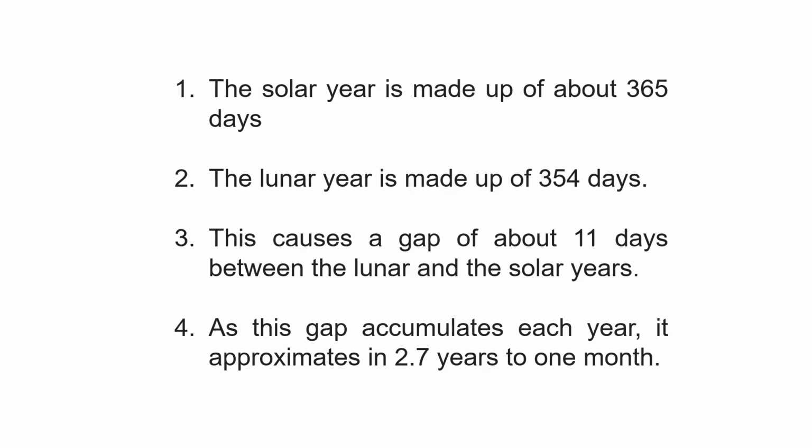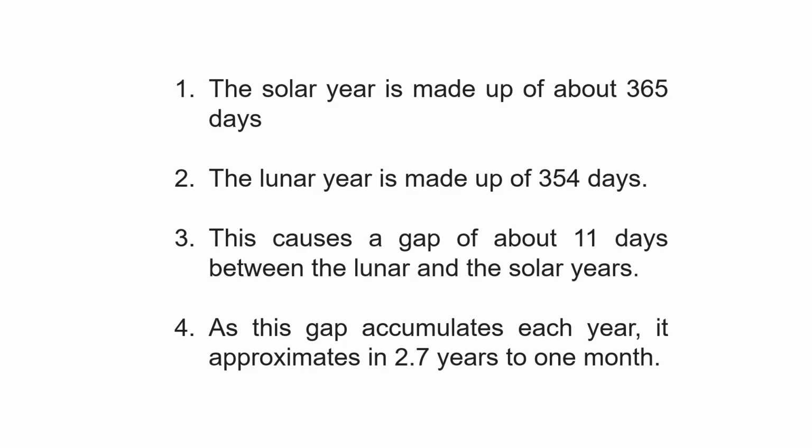And every year, there is a gap of 11 days. So in 2 years, there will be a gap of 22 days. And then 2 point something, that something refers to 2.7 years. There would be a gap created equal to one lunar month.